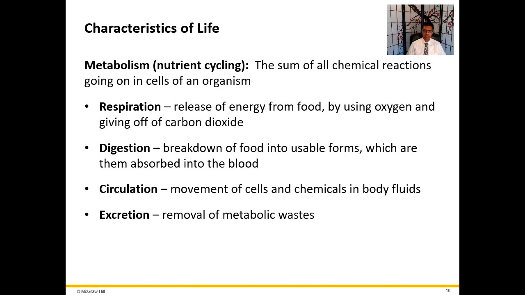Digestion, which is the breakdown of food into usable forms, which are then absorbed into the blood. Circulation, movement of cells and chemicals and body fluids. And excretion, which is removal of metabolic waste. So excretion, urinary and digestive. Circulation, obviously the blood. Digestion, your stomach, pancreas, small intestine, large intestine, liver, gallbladder, and respiration, your lungs.